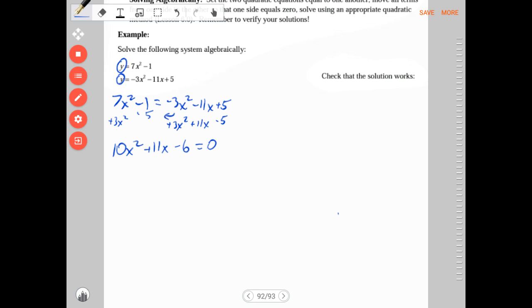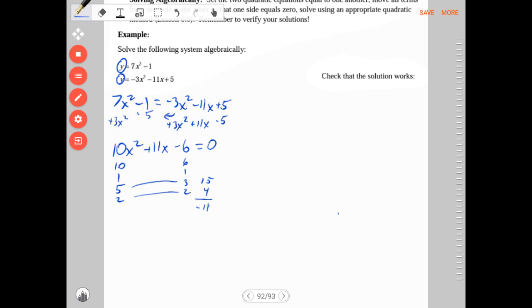No common factors, so we have 10 and 1, 5 and 2. Then we're left with 6 and 1, 3 and 2. We are looking for factors that add to 11. Let's see, 6, factors that subtract to 11, and there they are. 5 and 3 is 15, 2 and 2 is 4.